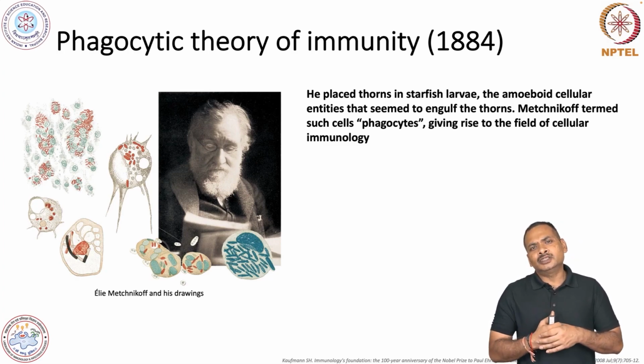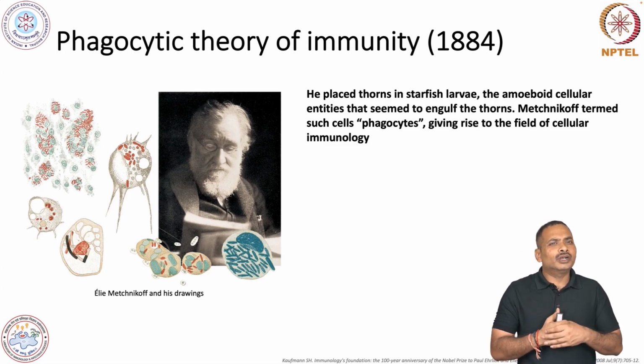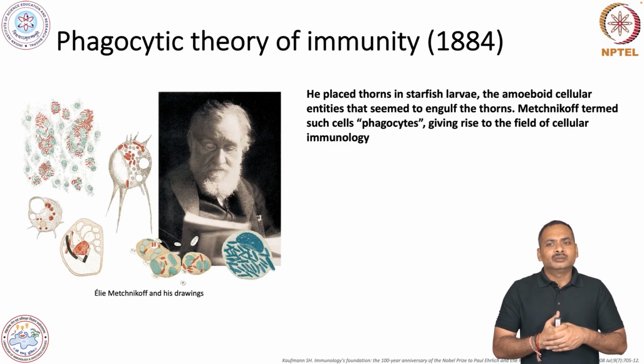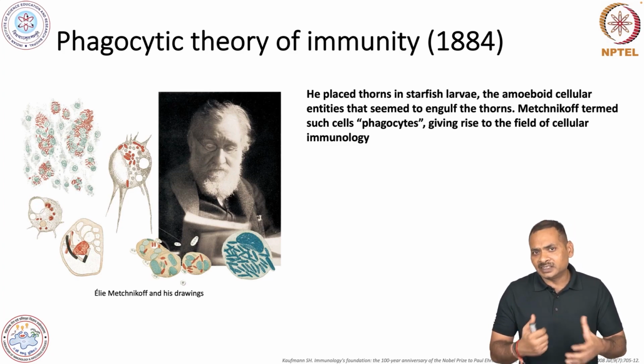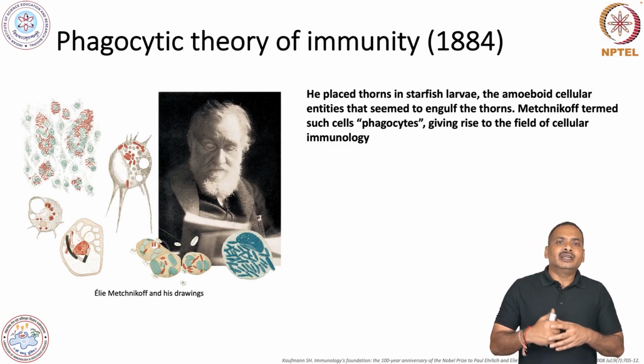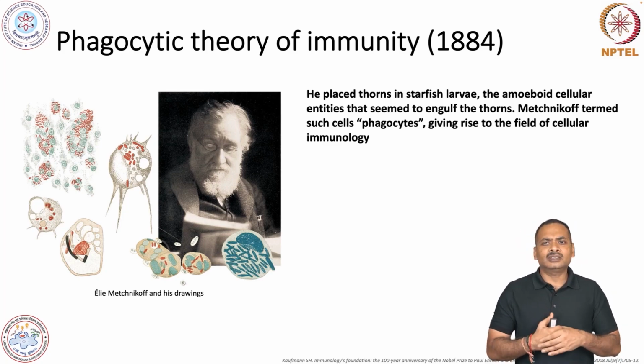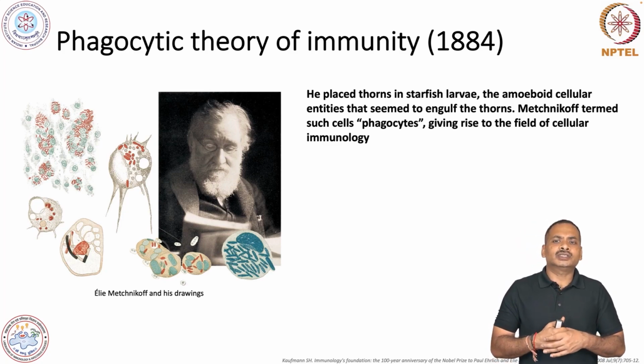So, he observed that there are some amoeboid kind of cells which take up this thorn and digest it. Okay. And Metchnikoff gave the term phagocytes, the cells which eat.